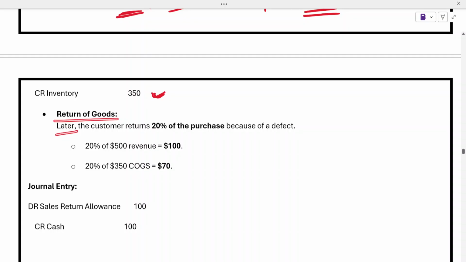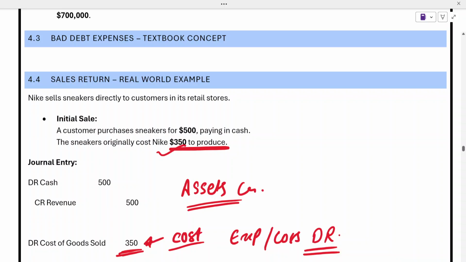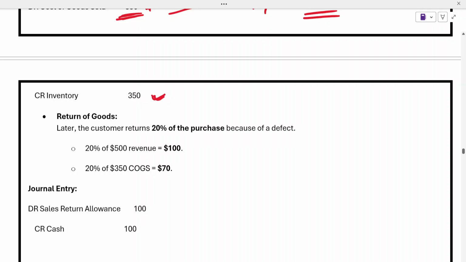Now, let's see another example where the goods are returned. Say later the customer returns 20% of the purchase because of a defect. This was not one shoe specifically; this may be like 10 shoes. Okay, not $10, let me correct it, 10 shoes.